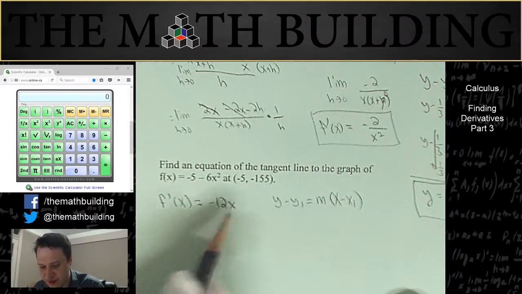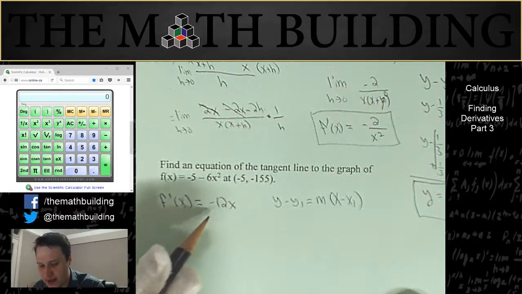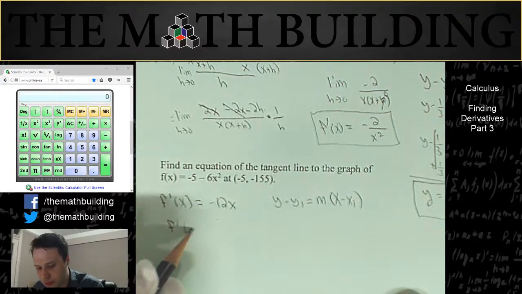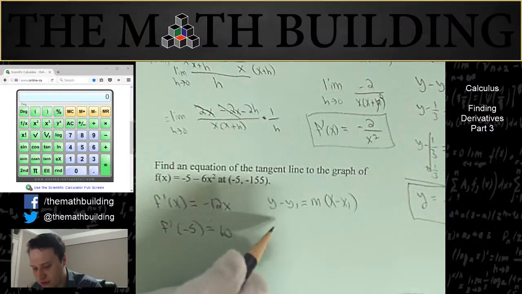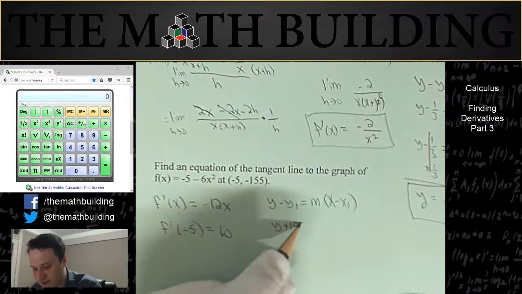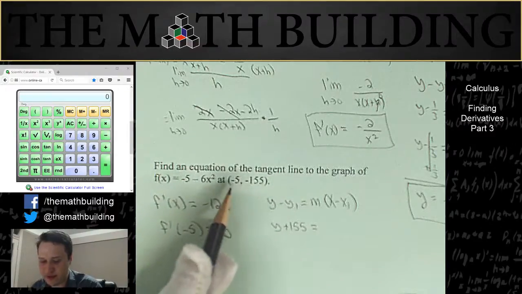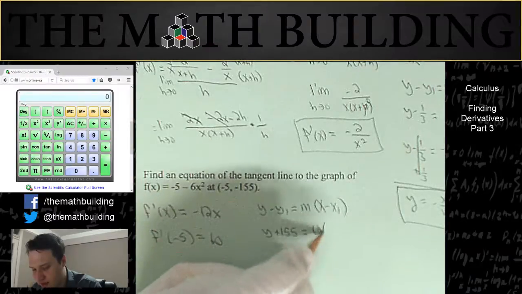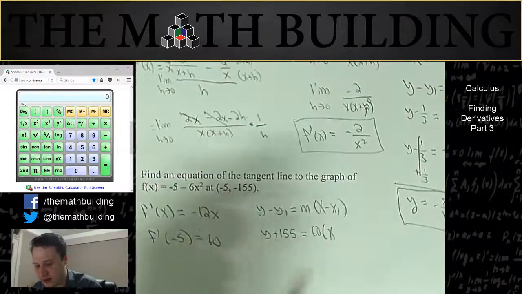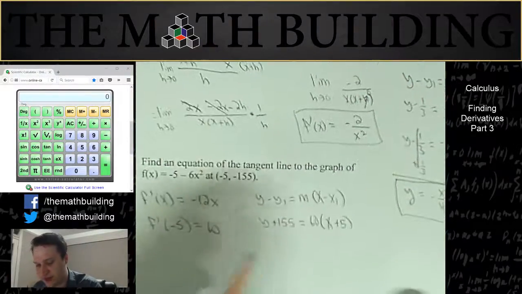Plug in -5 for x, and we get that the slope will be -12 times -5, which will be 60. So I get y plus 155 equals, remember, because it's minus minus, so it turns into a positive, 60 times x minus minus -5, or just plus 5.